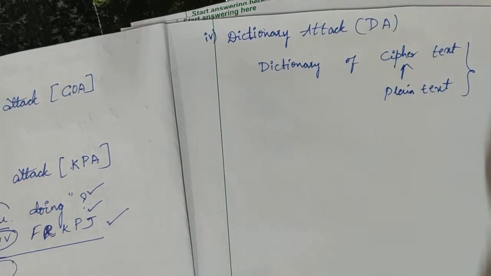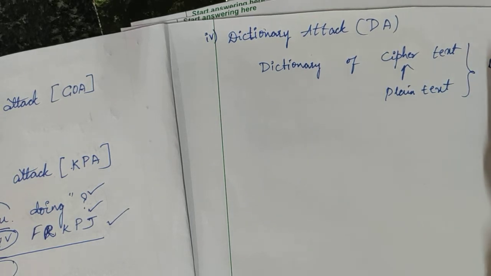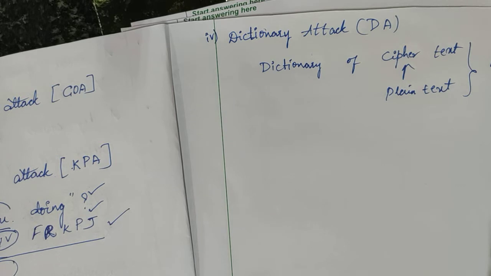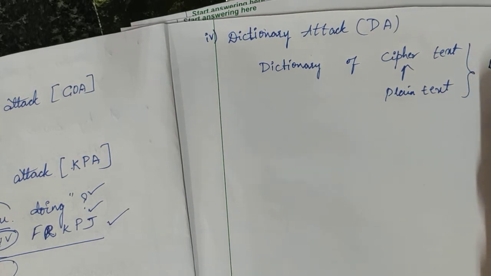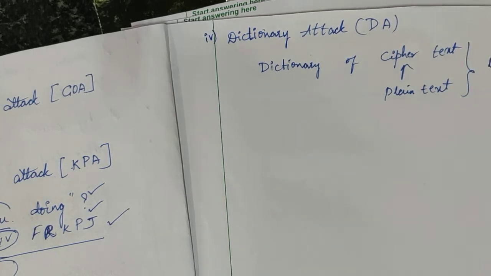This is not done in 1 or 2 days. He will maintain this over a long period of time. So once he gets the ciphertext, he will check in his dictionary. When an attacker gets the ciphertext, he refers to the dictionary to find the corresponding plain text.